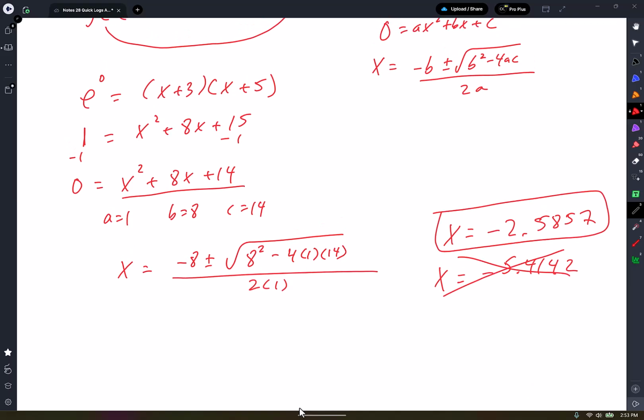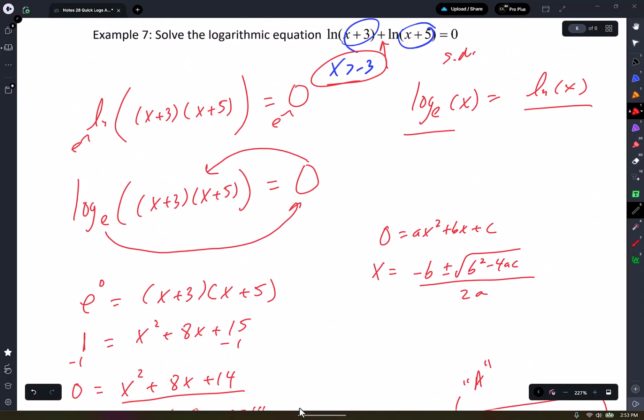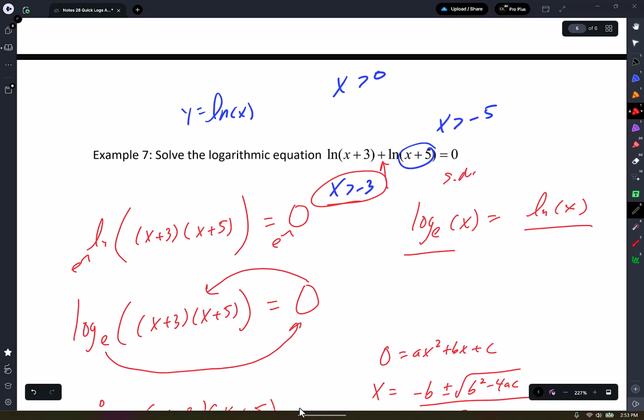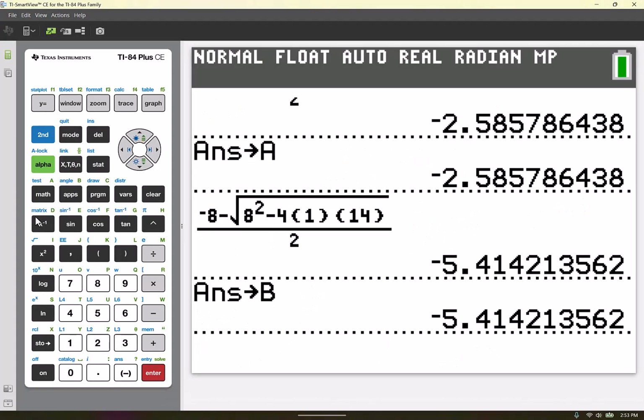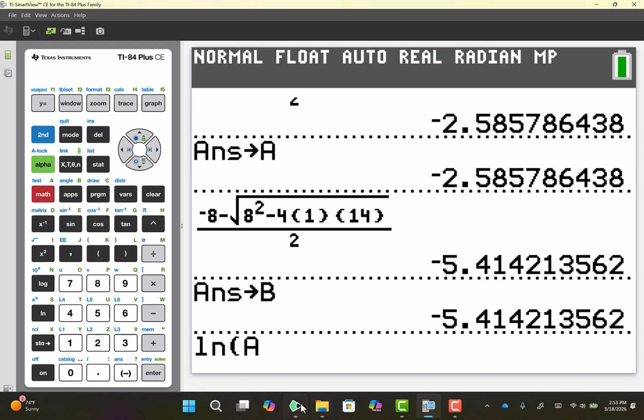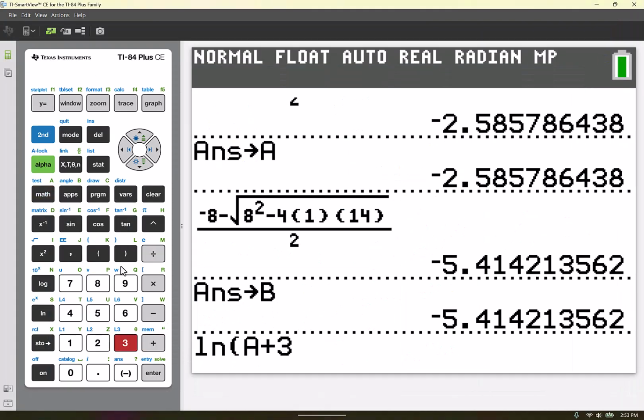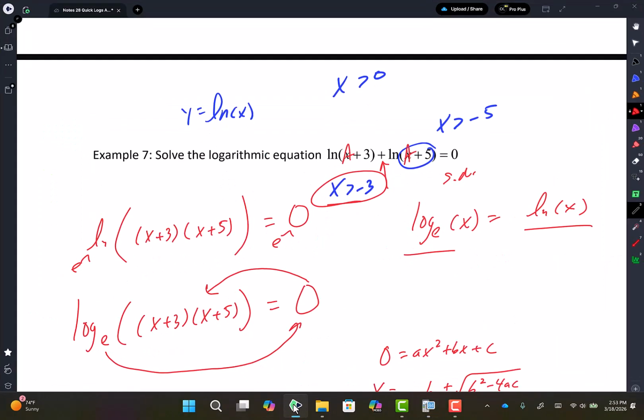But let's test it. Remember, I stored this in A and this in B. I'm just going to plug A into my calculator and see if I get 0. Ln of A plus 3, close, plus ln of A plus 5.